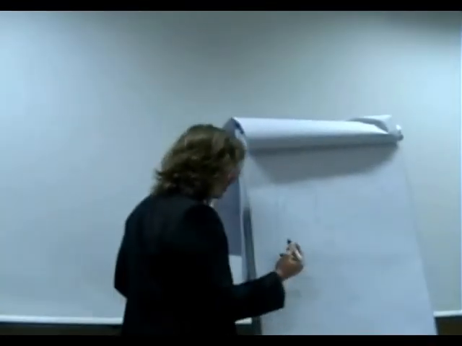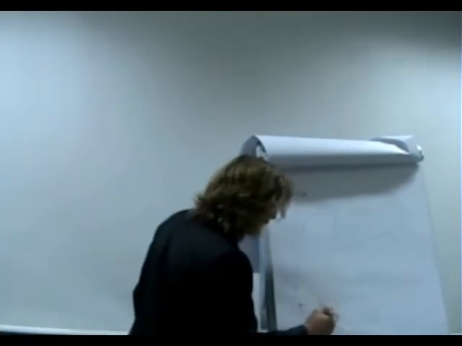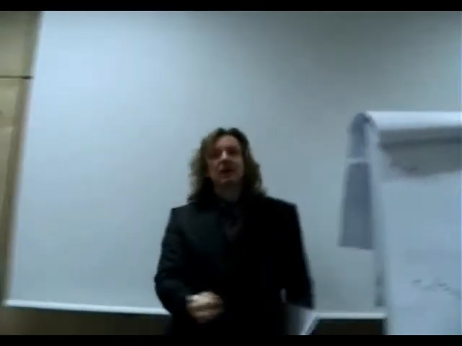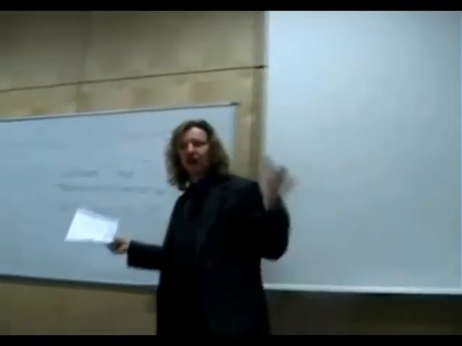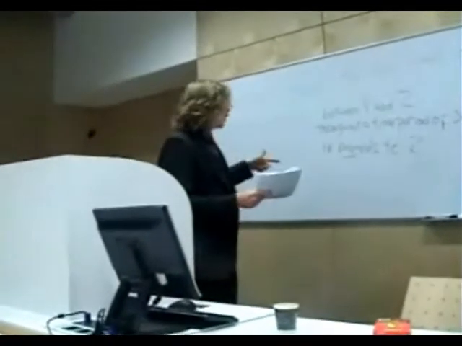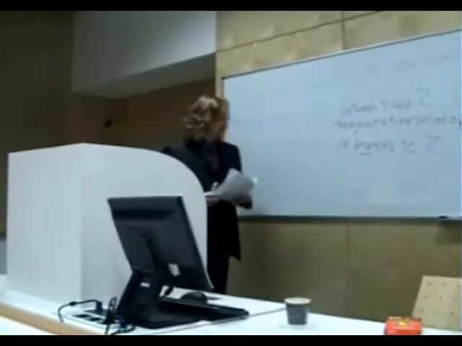The demand curve is based on price up here and demand down here. If we took that, that would not be based on time. There we would use this graph illustrates the development of consumer demand for laptops in regards to price. So there, that's what we use if we don't have a chronological horizon on the x-axis.